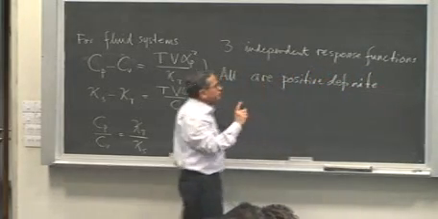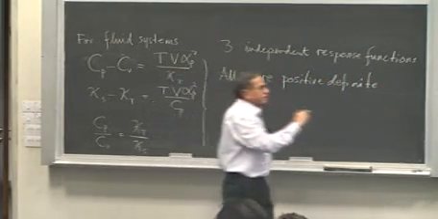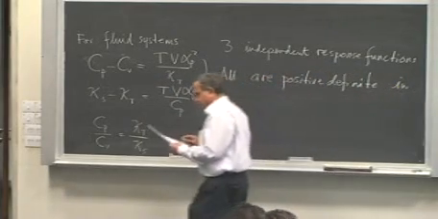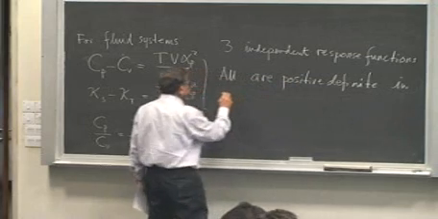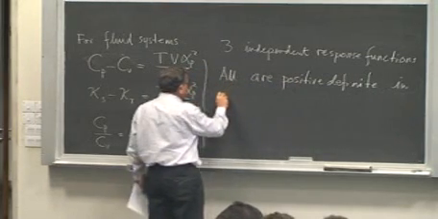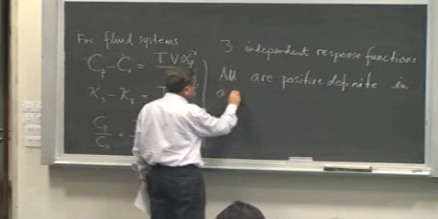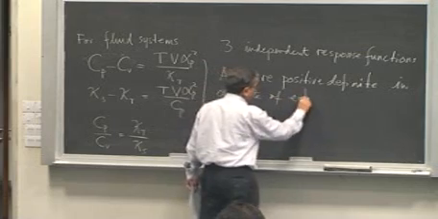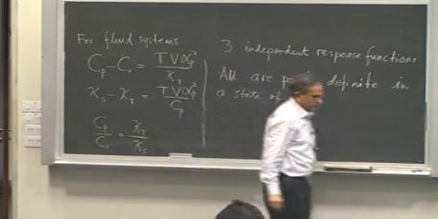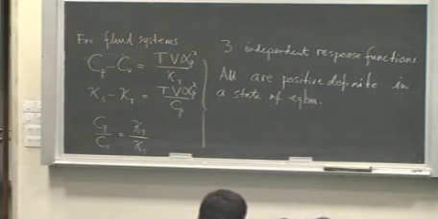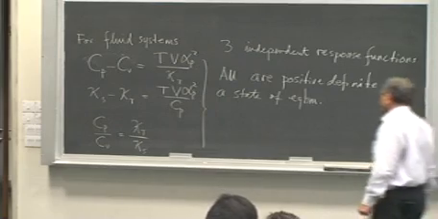But positive definite quantities in a state of equilibrium. So that if a system is in a state of equilibrium, all of these quantities are positive definite.